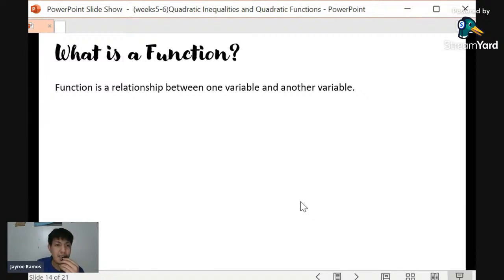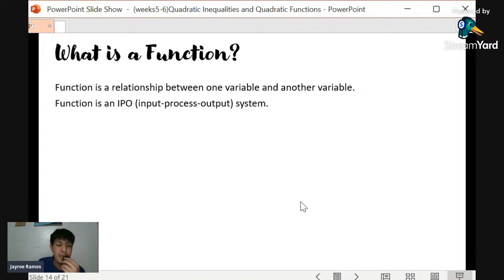Function is a relationship between one variable and another variable. Okay? So ibig sabihin niyan, pag sinabi nating function, meron kang isang variable at yung variable na yun, kung ano man yun, ay related doon sa isa pang variable. So magka-connect sila, okay? Connected to each other. So yun po yung function, relationship between one variable and another variable.